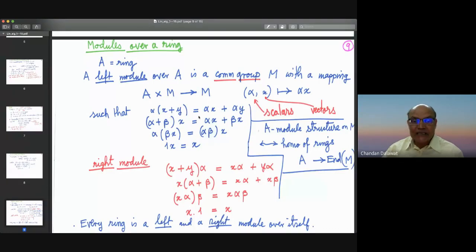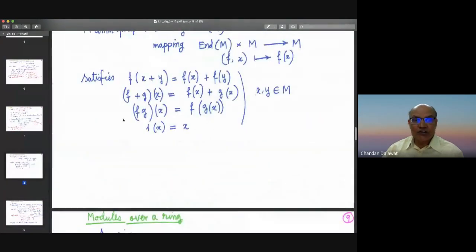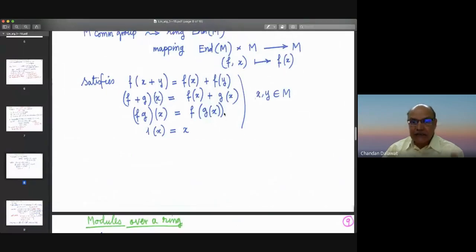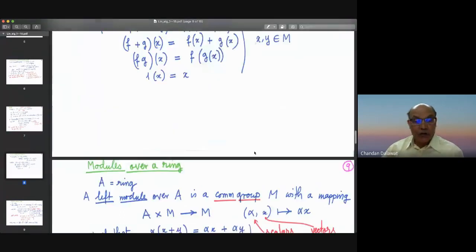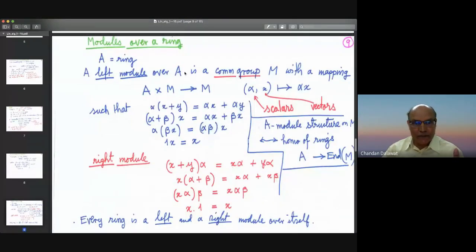And these 4 conditions are exactly the 4 conditions I had here in this particular case of a ring, which was the endomorphism ring of a commutative group M. Now, my ring is an arbitrary ring, and my group M comes with a map. If I have a mapping from A cross M to M satisfying exactly the same 4 conditions as before, then I say that M is a left module over the ring A.